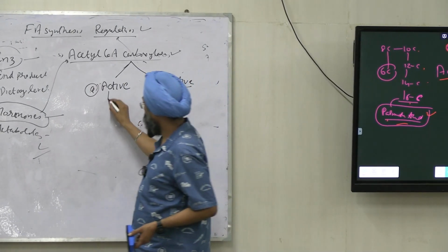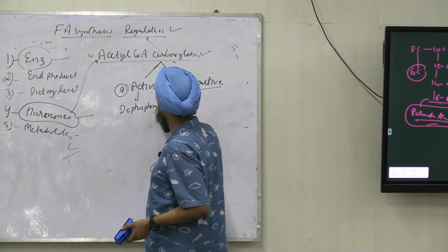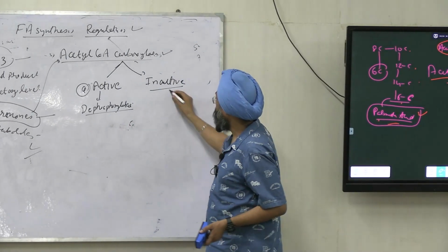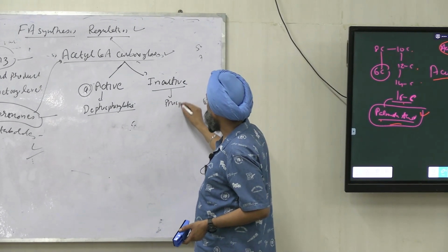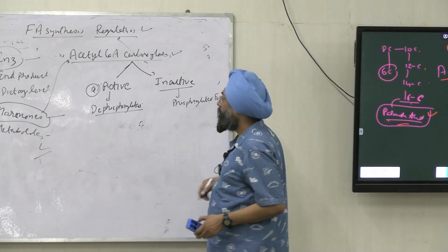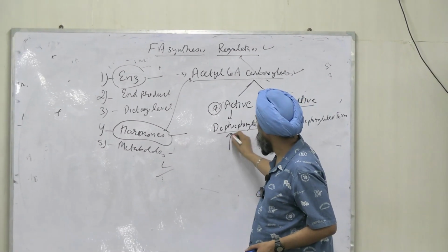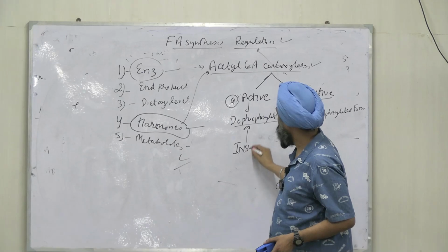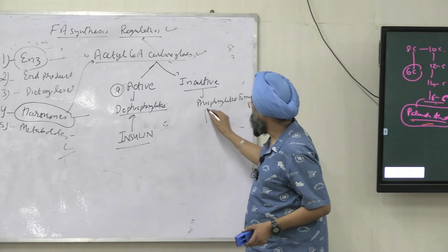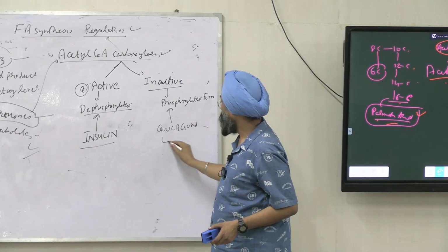The active form is the dephosphorylated form, meaning it doesn't contain phosphate. And the inactive form is the phosphorylated form, right? And this dephosphorylation is favored by insulin, and this phosphorylation is favored by glucagon, epinephrine, norepinephrine, right?